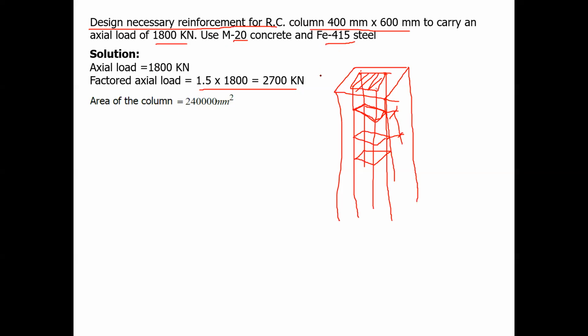So as per IS 456-2000, you have a formula according to the clause. Pu is equal to 0.4 fck Ac plus 0.67 fy Asc. Right? So here, you know the Ac, area of concrete.